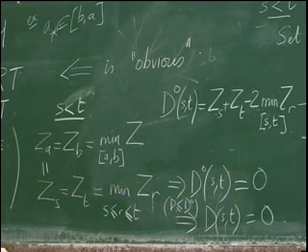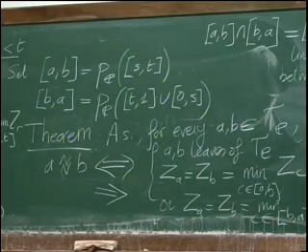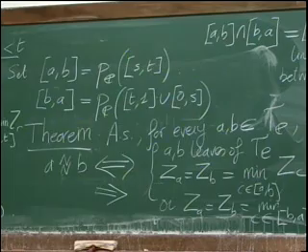So the real difficulty is to prove the other implication. Maybe I should also make a comment on the discrete setting. What does this mean in the discrete setting? So in the discrete setting, think of a very large discrete tree.